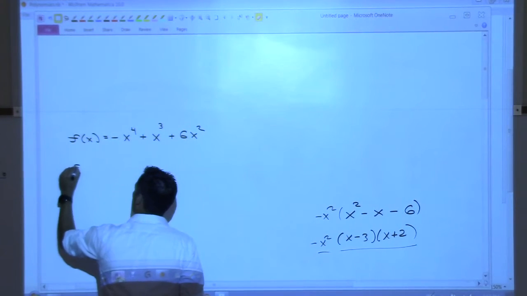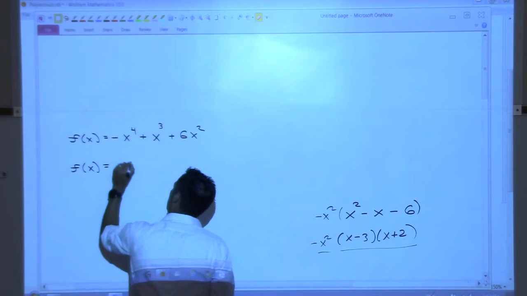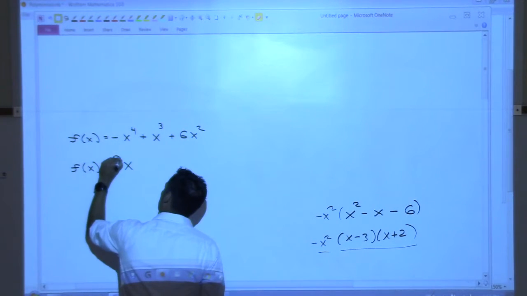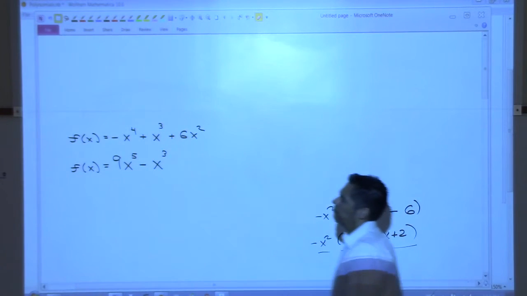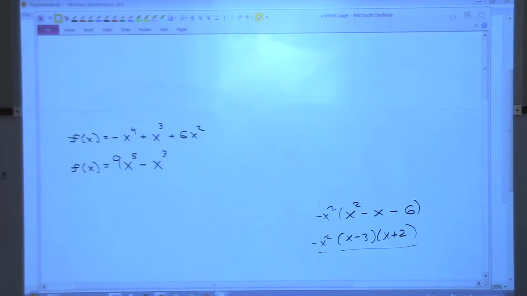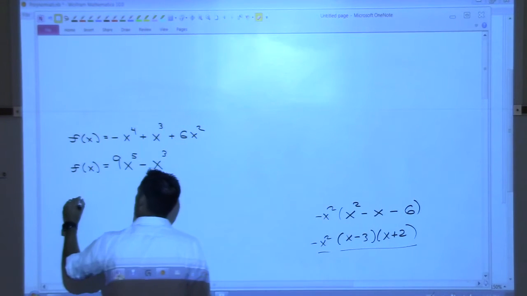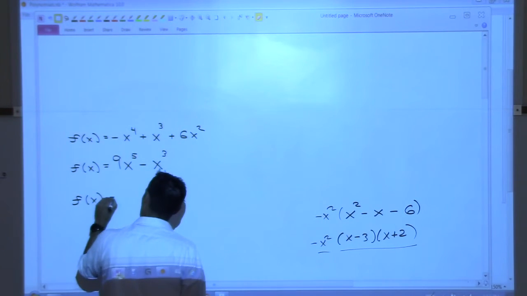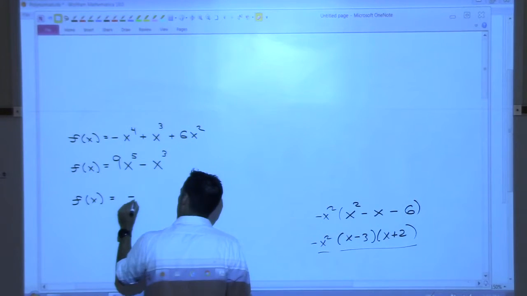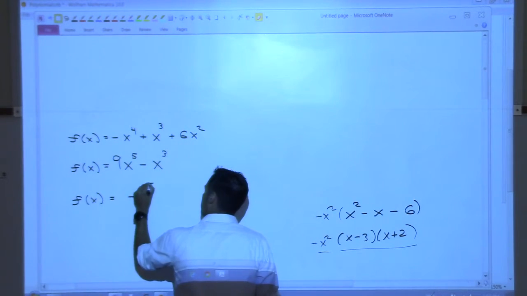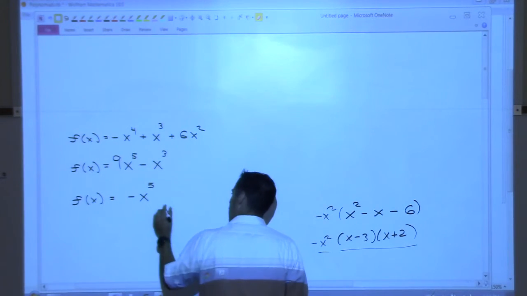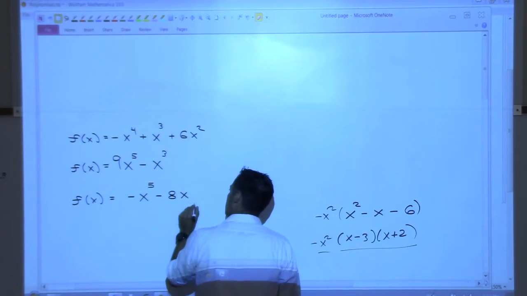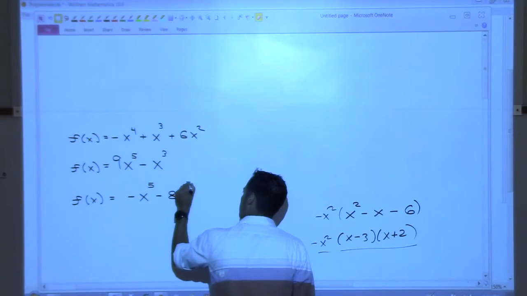How about this one? Let's go 9x to the 5th minus x cubed. So negative x to the 5th, minus 8x to the 3rd.